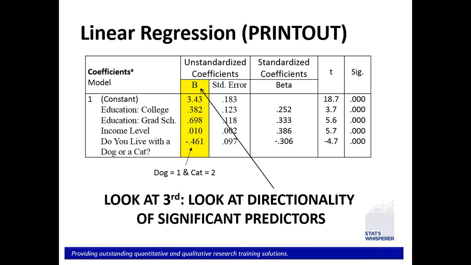So as the independent variable increases from 1 to 2, the dependent variable decreases, right, because it's a negative relationship with a minus. So the dependent variable decreases. So there's a significant relationship between do you live with a dog or a cat and happiness, right? Where those that live with a cat have significantly less, indicated by the minus sign, less happiness.